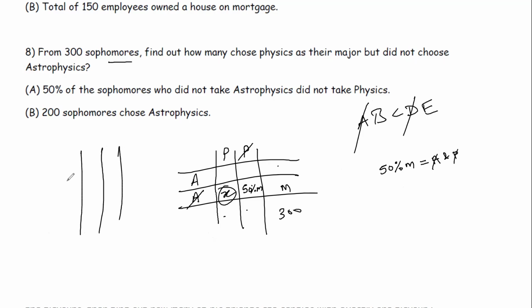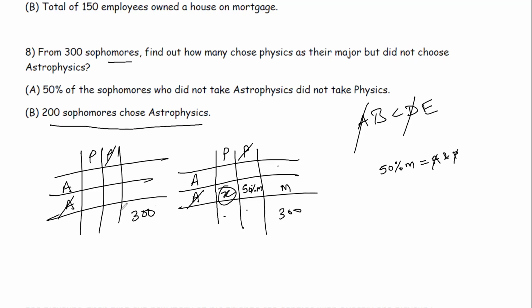Draw the grid again, because we look at it with a fresh set of eyes for statement 2. This is 300. 200 sophomores chose astrophysics. So this is 200, so we know this is 100, but yet we cannot get X. X is what we need to find out. Now, if we take both statements together, we know this is 200 and we know M is 100.